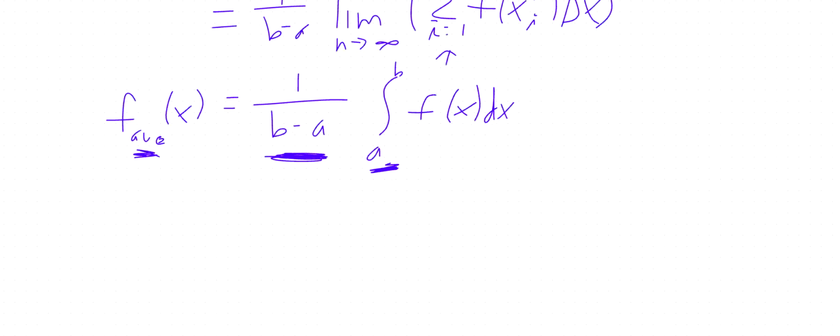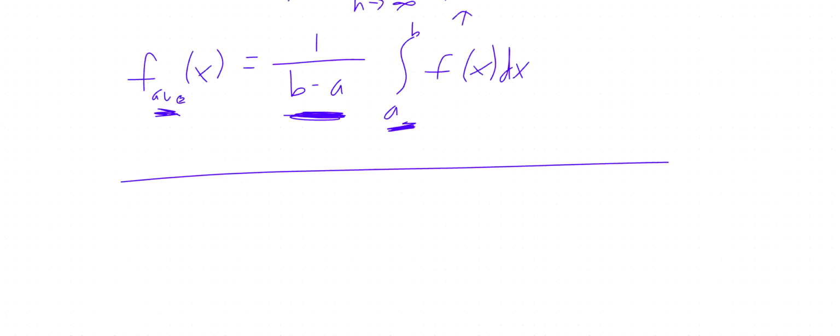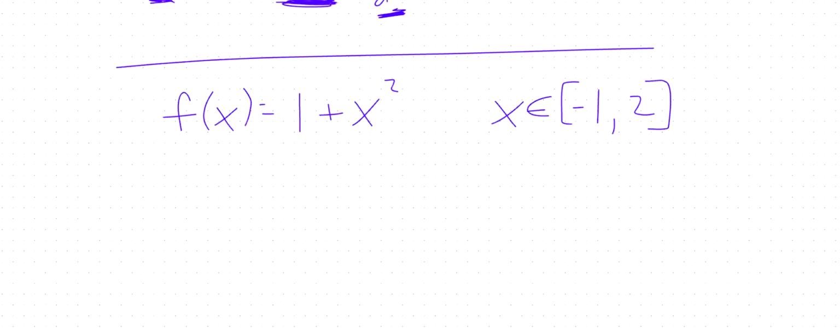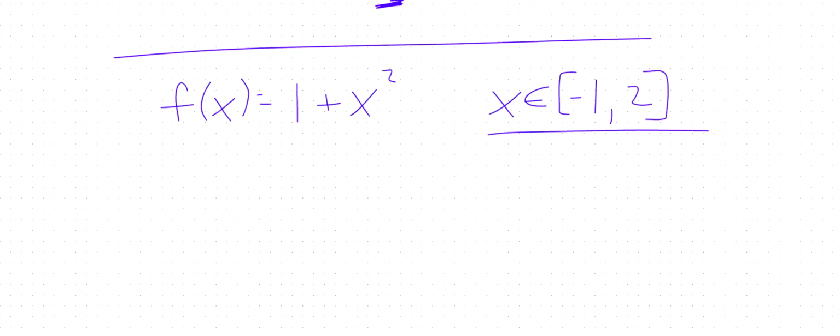We want the average value of f of x equals 1 plus x squared on the interval from -1 up to 2. It's very important that you have an actual interval for all of these average value problems, because without it we can't compute this. We need to know what our interval is going to be.